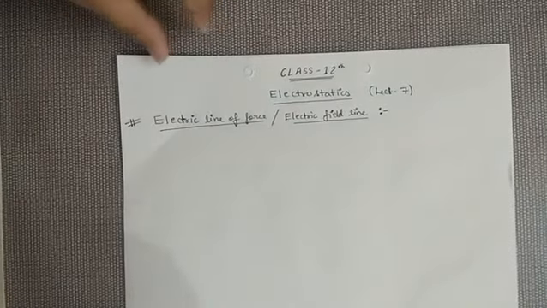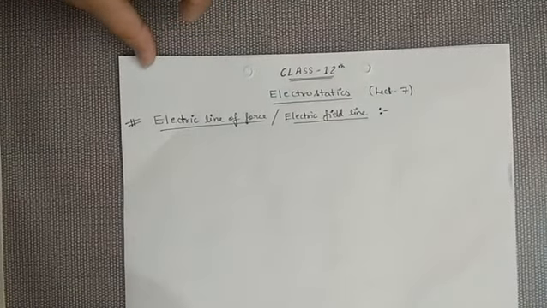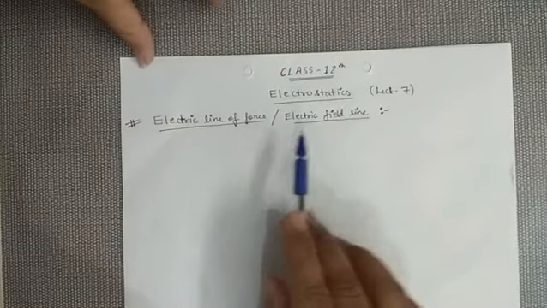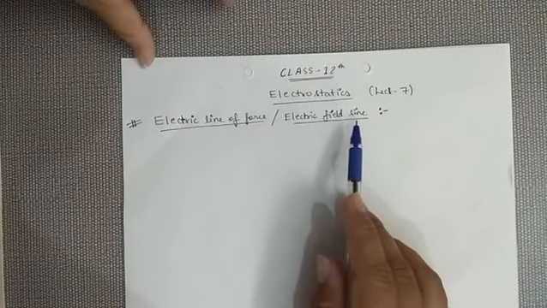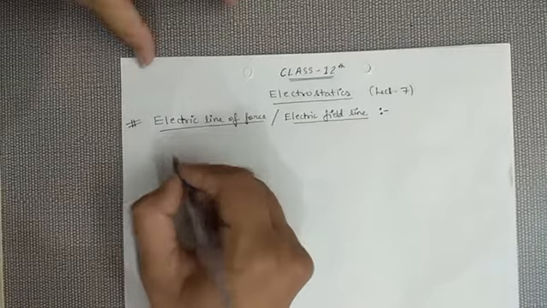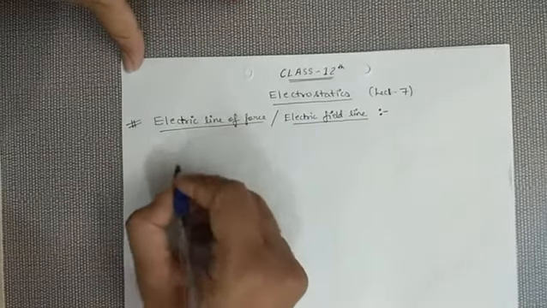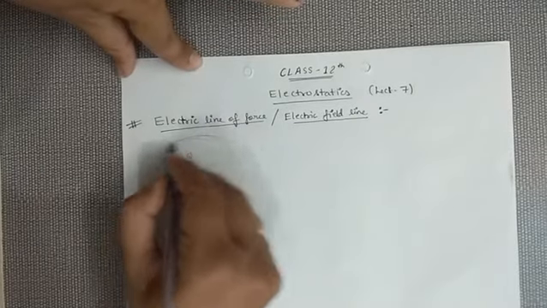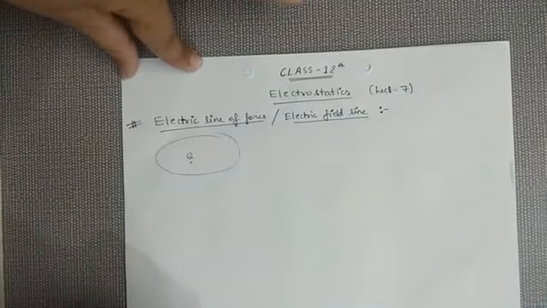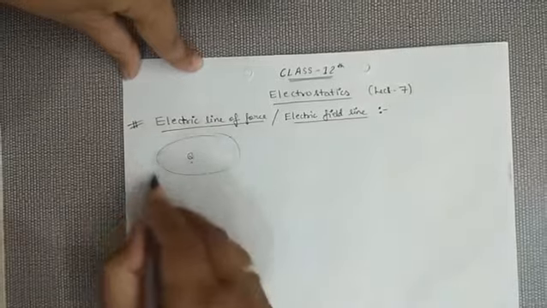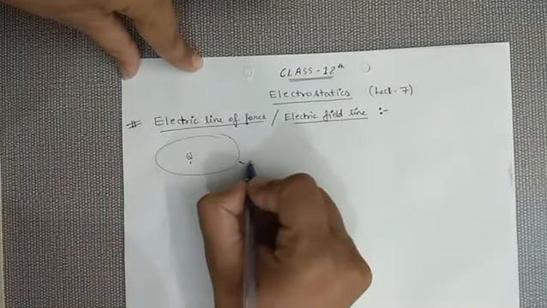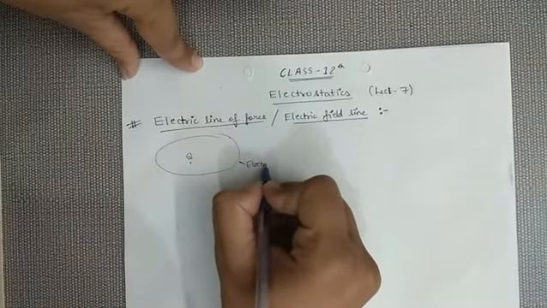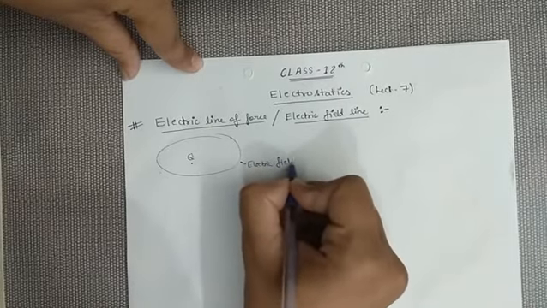So move to today's topic: electric lines of force, also termed as electric field lines. In our last lecture, we have seen that a charge always represents an electric field, the space around a charge, which is termed as the electric field. This region is known as the electric field.